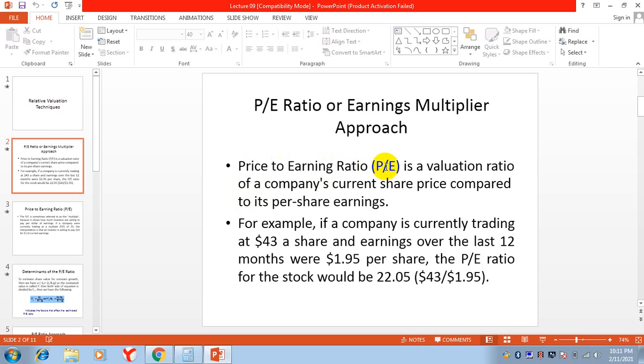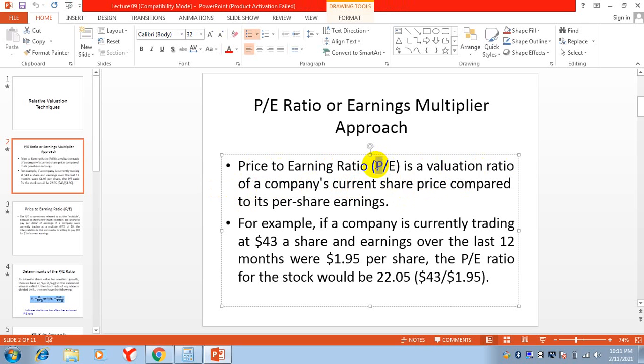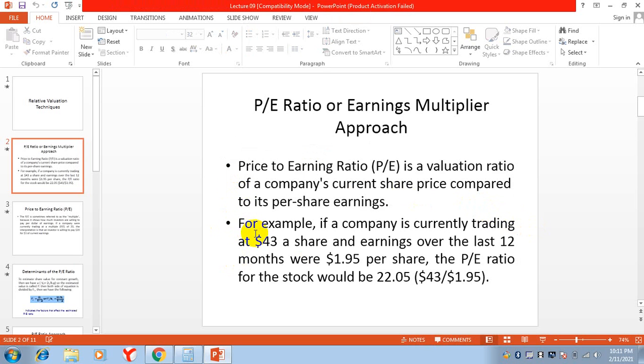Price to earning ratio, P/E, is a valuation ratio of a company's current share price compared to its per share earning. And what is the earning of one share? When we study this example, it will be clear to you.